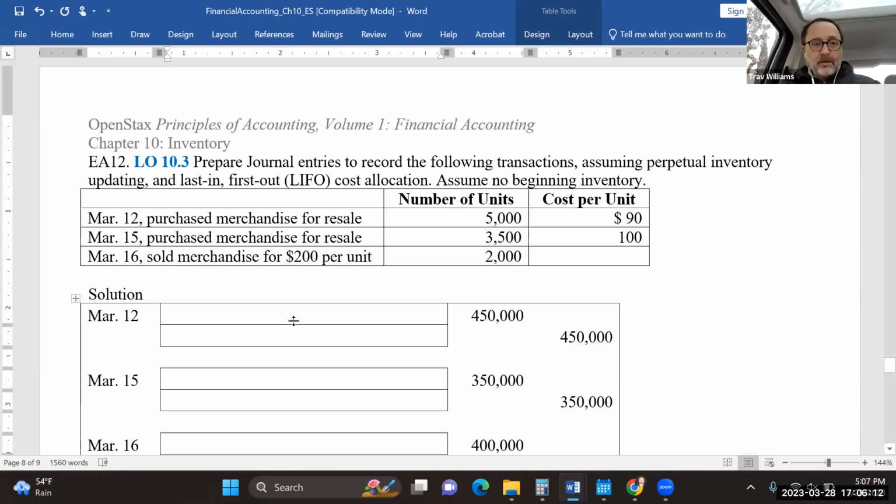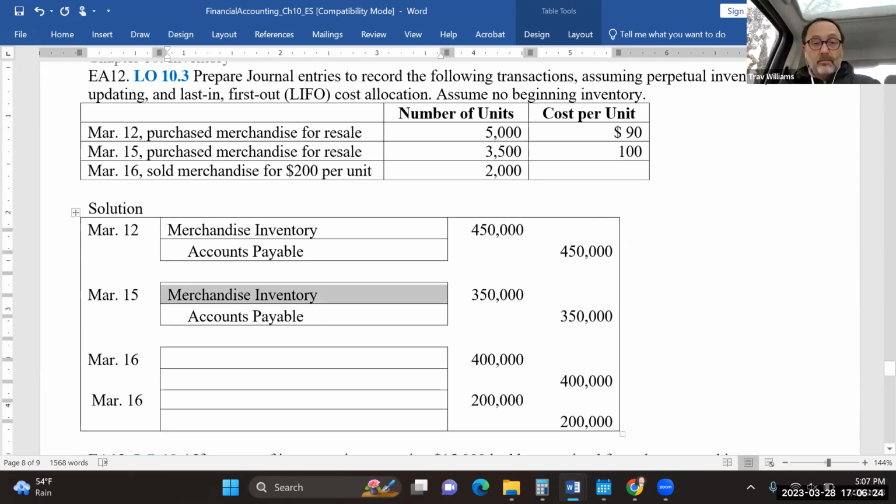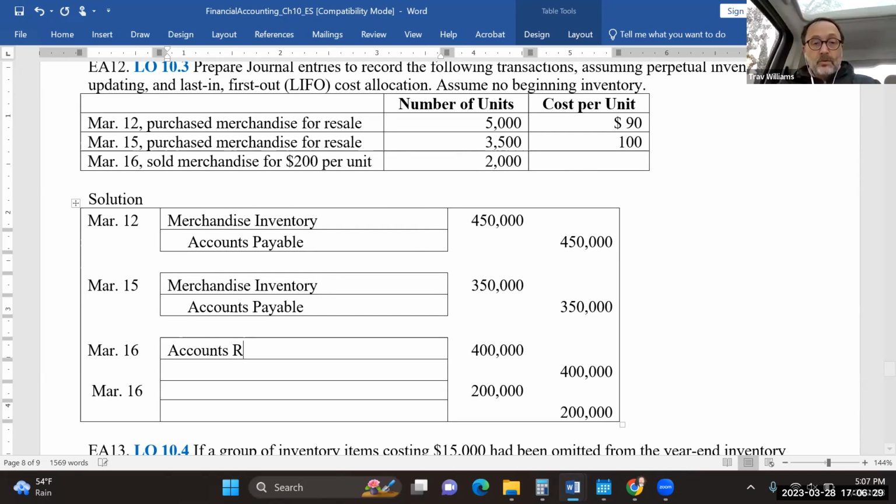In this case, it's accounts receivable, a debit. Then sales revenue. Then we have cost of goods sold. And we have merchandise inventory. Because again, we just sold the inventory, we don't have it anymore. So our merchandise inventory asset goes down. Okay, that's number 12.